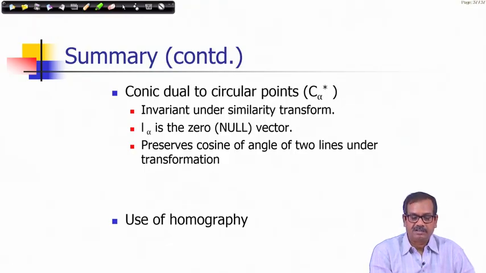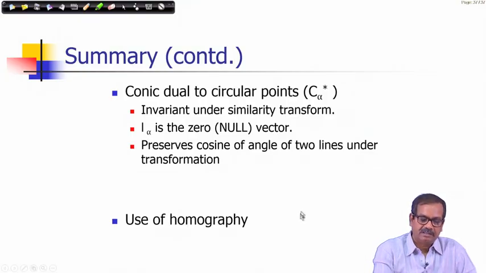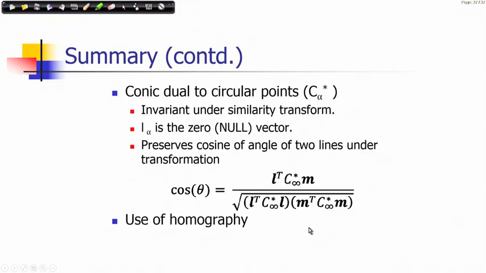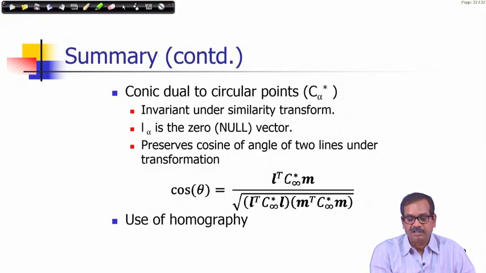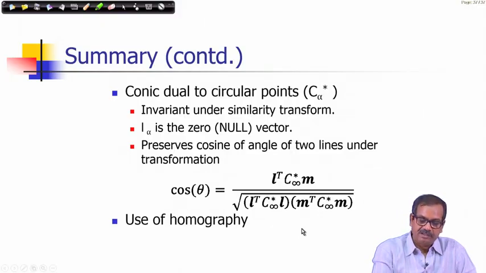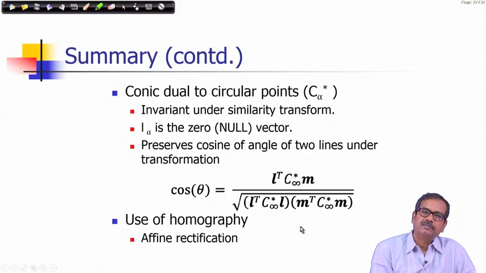That is interesting: using the transformed dual conic, you can compute the cosine of these angles. This is a particular property of how the cosine of an angle can be computed using the transformed dual conic. Homography is used in various tasks.